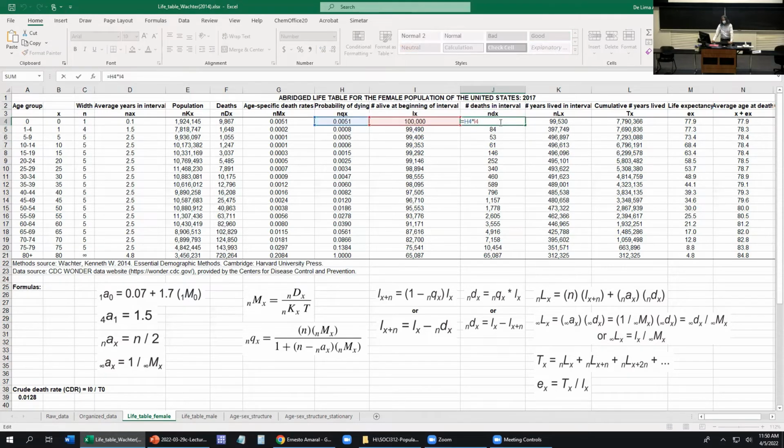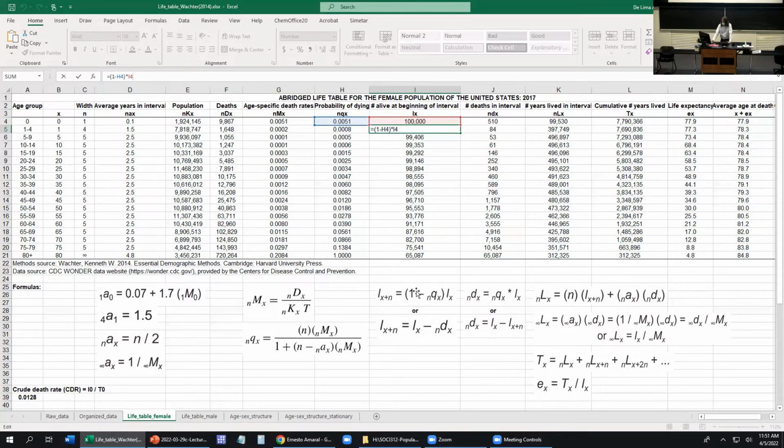That's what we are doing for everybody. But after we do the first one, we have to come to the little l, l1, for the age group 1 to 4 and calculate it. How can we calculate it? We take 1 minus the probability of dying, which is the probability of surviving, times l0.